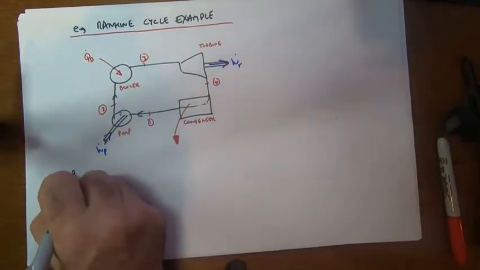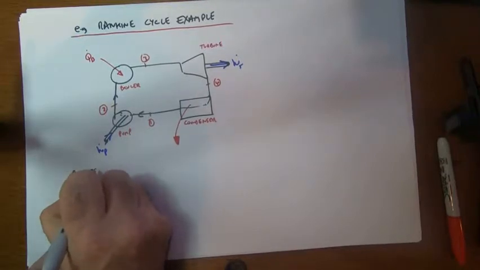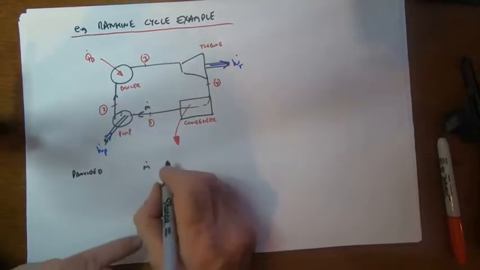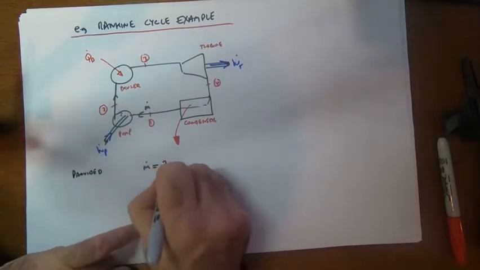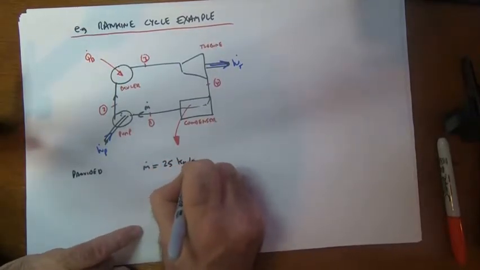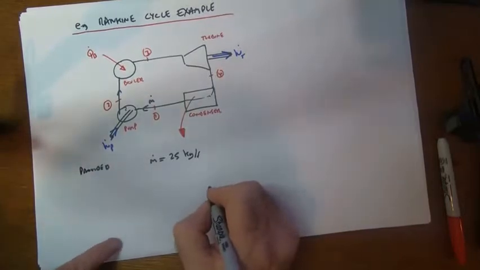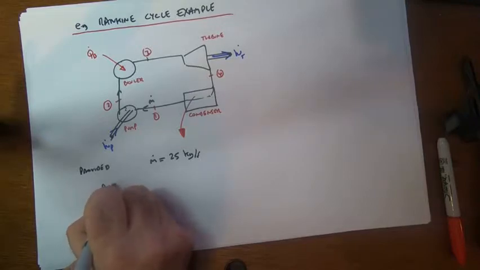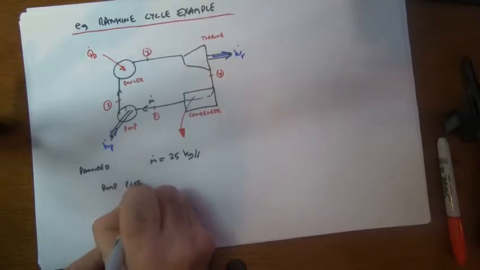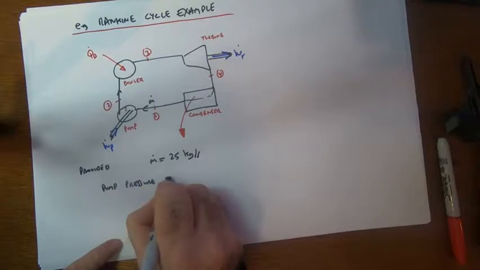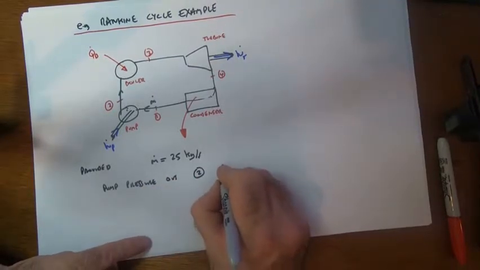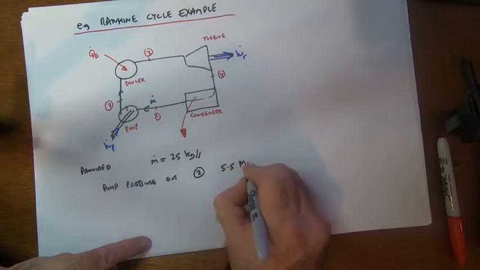So for this particular plant, we're given some data. We're provided with a mass flow, so that's the mass flow flowing around the steam, equal to 25 kilograms per second. We're going to provide it with the pressure out of the pump. So P2 is going to be 5.5 megapascals.